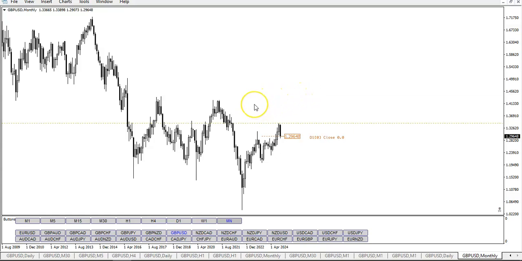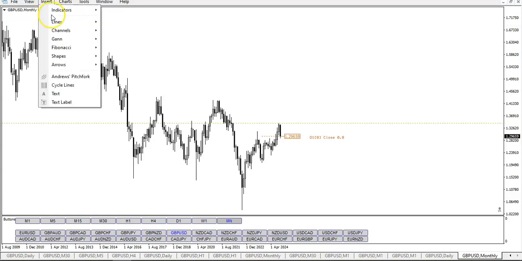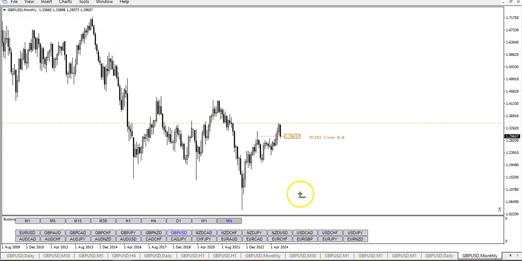Now, on the bottom side, I like to do the same. You can see right here, this level, and what happened here. So I'll put my horizontal line right about the open here.